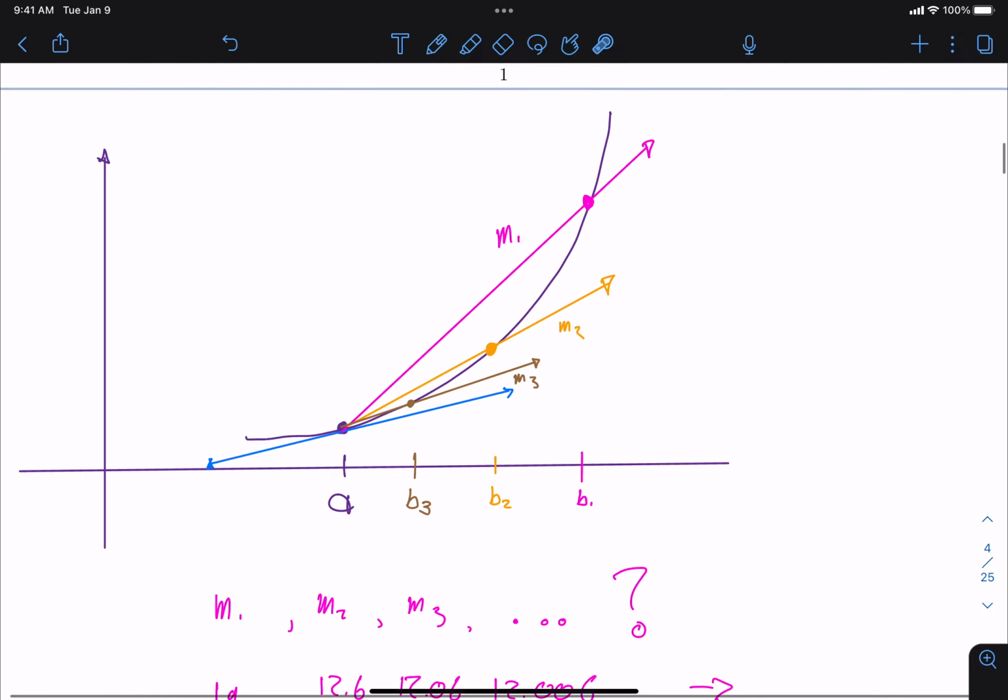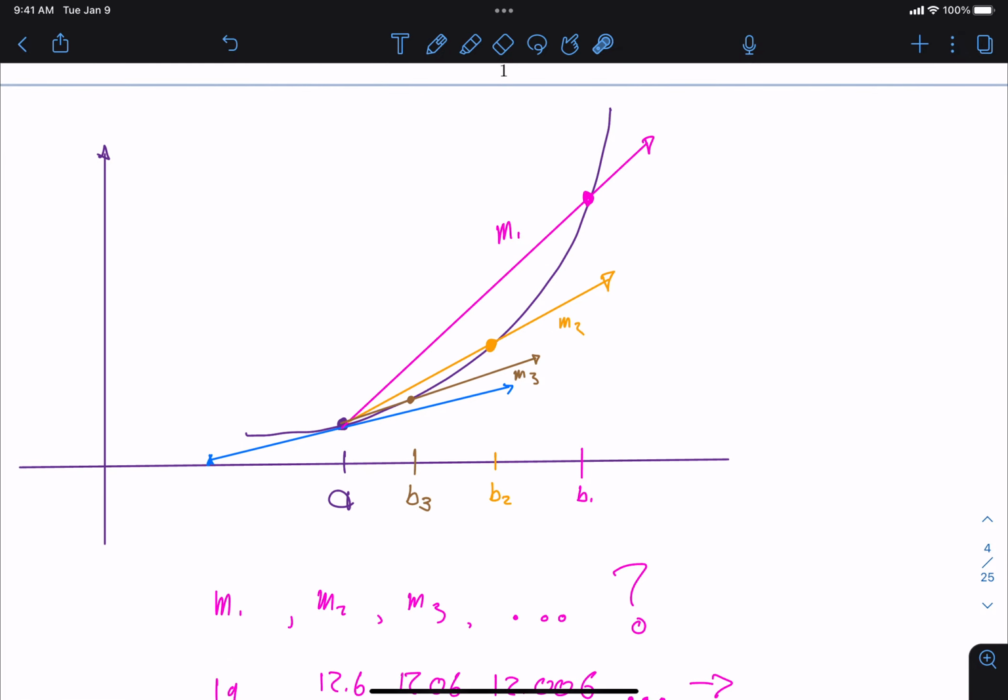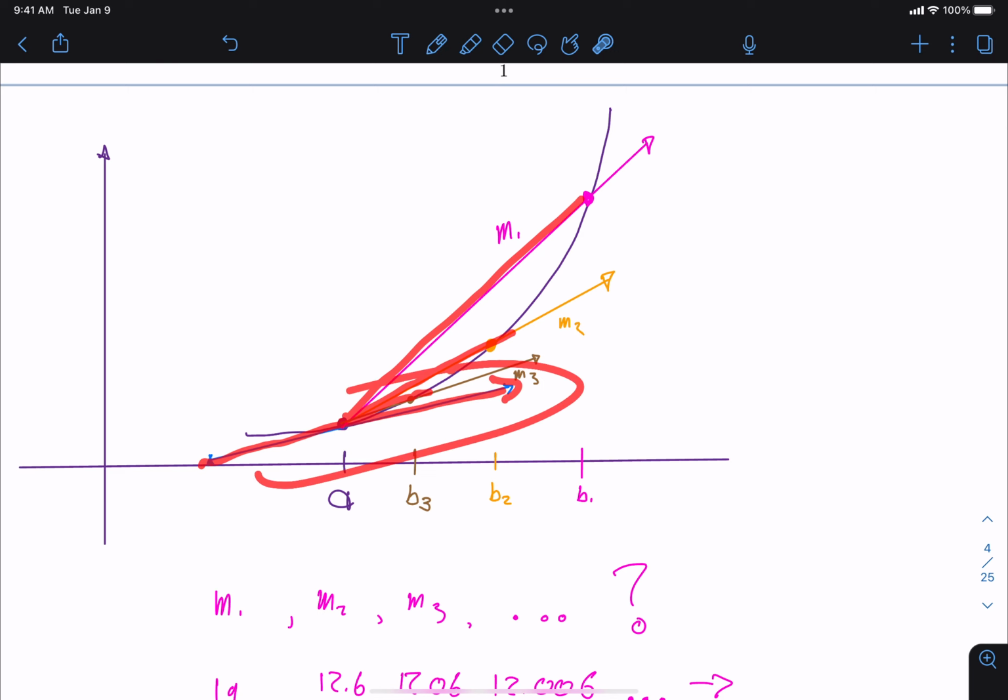And I want to focus in strongly on the picture of what's happening here. We take the average rate of change over smaller and smaller intervals, and you can see that the slopes of the corresponding lines become closer and closer to the slope of the tangent line, which is ultimately what we want to know.